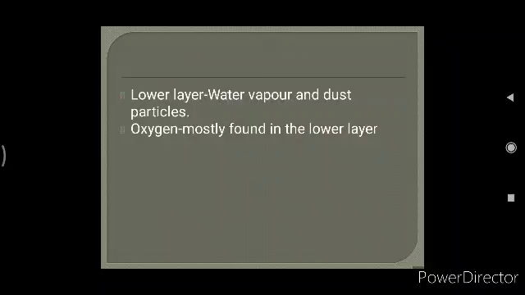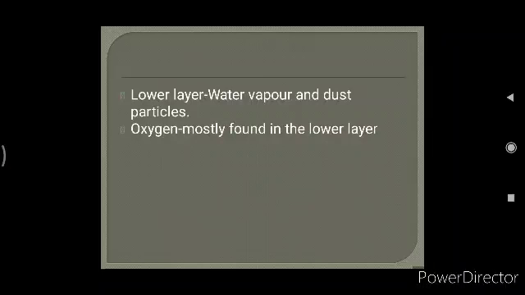In percentage, there is 78% nitrogen and 21% oxygen. Then carbon dioxide, helium, argon, ozone and hydrogen are found in lesser quantities.